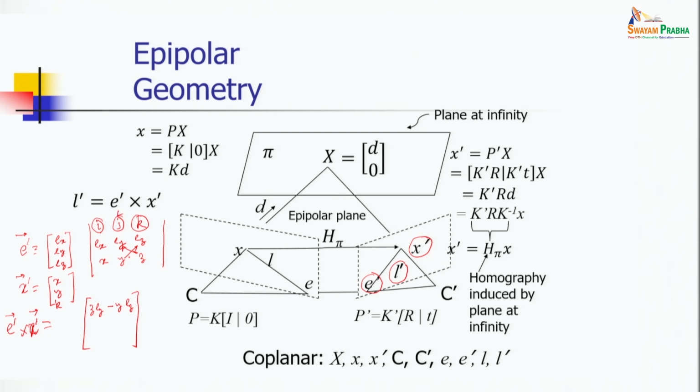For this one, I have to first perform multiplication of these two, which is x into ez, and then minus z into ex. And for the kth one, I have to compute again multiplication of ex and ey. So y into ex minus x into ey.